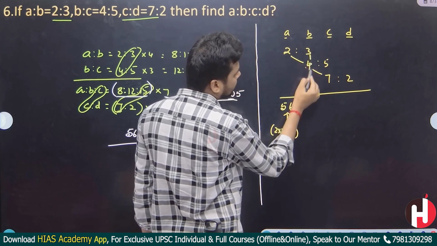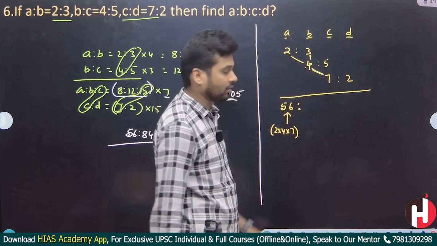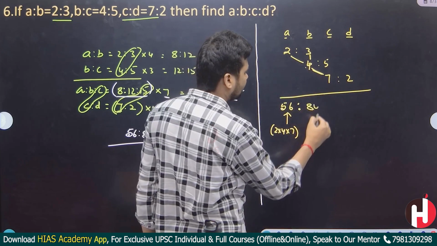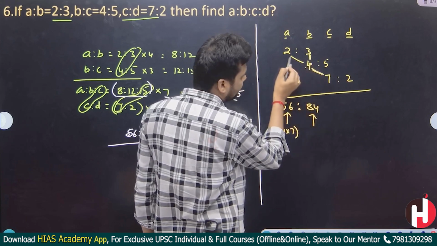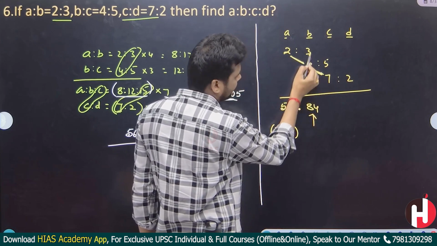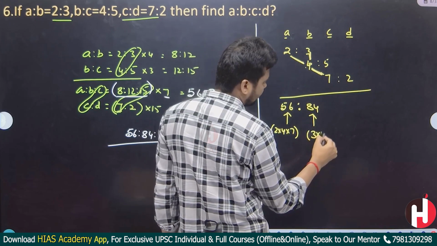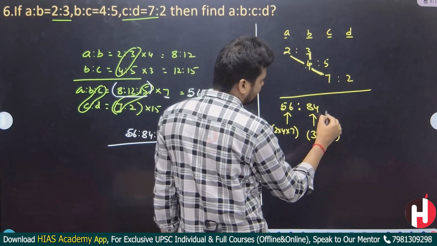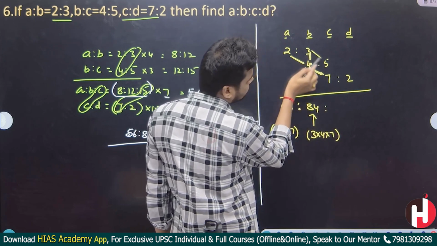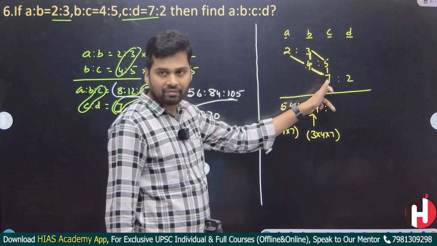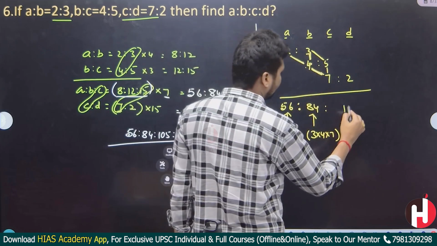Next, 3 into 4 into 7. 3 4s are 12, 12 7s are 84. So first I am multiplying in this way and next I am multiplying in this way. The next term I am multiplying is 3 into 5 into 7, which is nothing but 105.